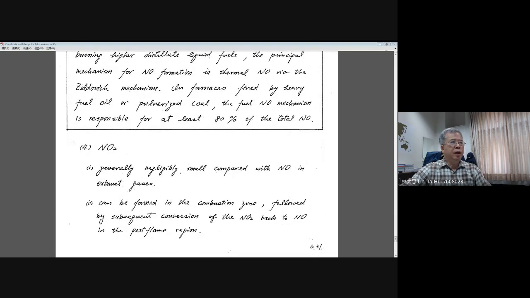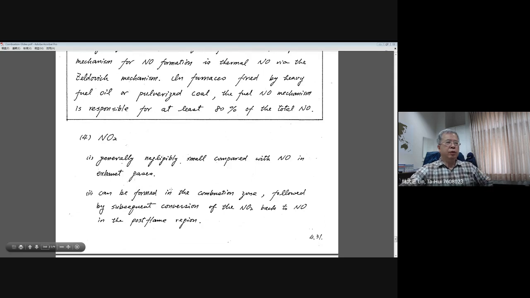Then we go to nitrogen dioxide. Actually, the amount of nitrogen dioxide is usually small compared with NO in exhaust gases. It can be formed in the combustion zone, followed by subsequent conversion of the NO2 back to the NO in the post-flame region. Finally, in the downstream region, usually it will convert to the NO.